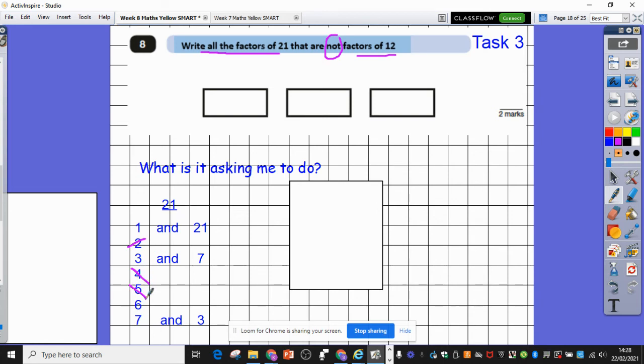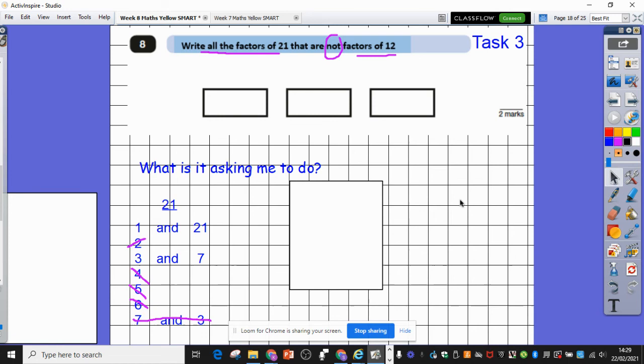It certainly doesn't appear in the 5 times table because in the 5 times table it has to end in a 0 or a 5. It does not appear in the 6 times table. However, it does appear in the 7 times table. Now, look, I've got this mirroring again. So I already know I've got my factor pairs there, so I don't need that. So I know that my factors of 21 are 1, 3, 7, and 21.